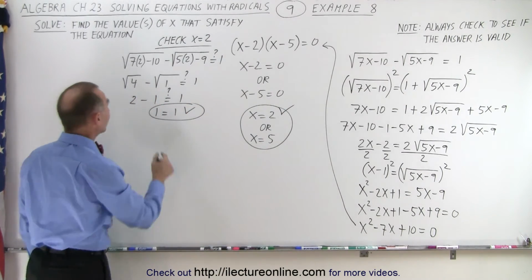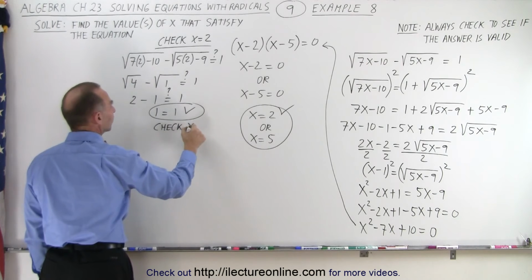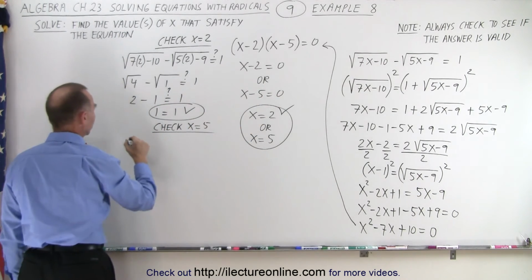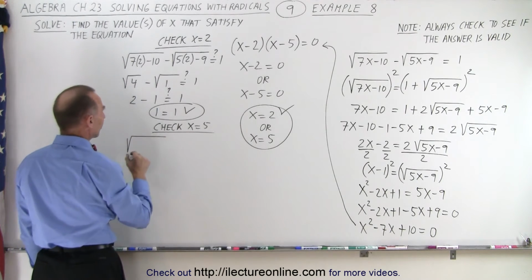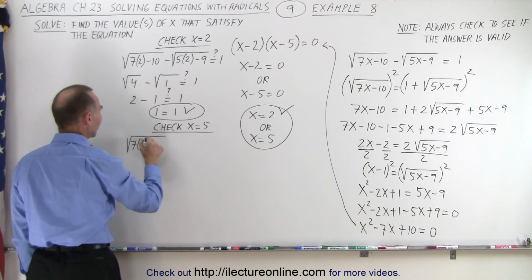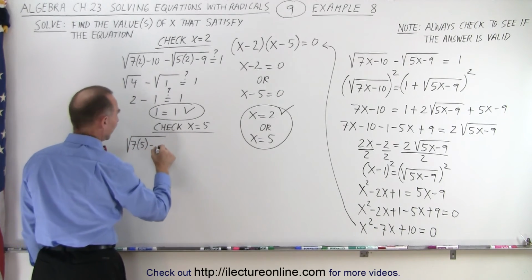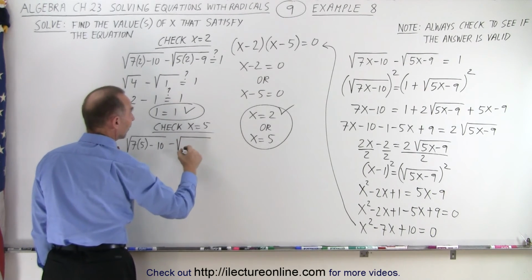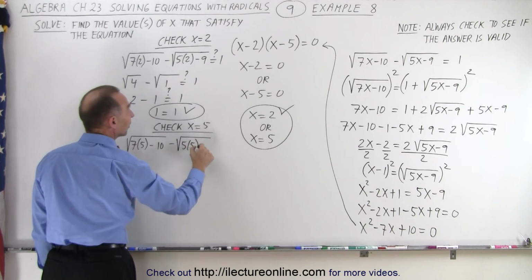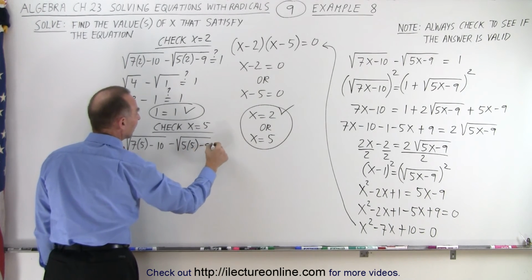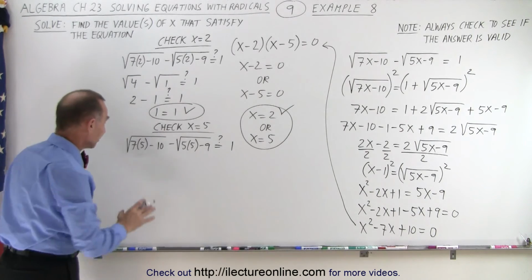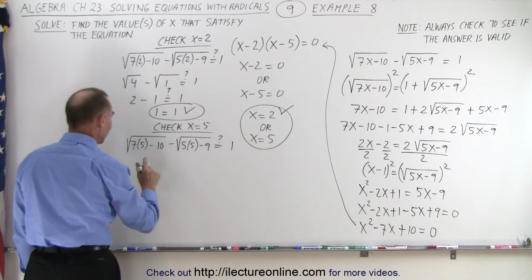Well, we need to do it one more time with x equals 5. So let's go ahead and plug a 5 in everywhere we see an x. So we have the square root of 7 times 5 minus 10, minus the square root of 5 times 5 minus 9. Is that equal to 1? All right, let's see if it is. 35 minus 10, that's 25.